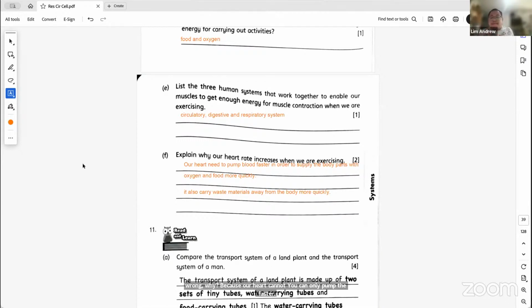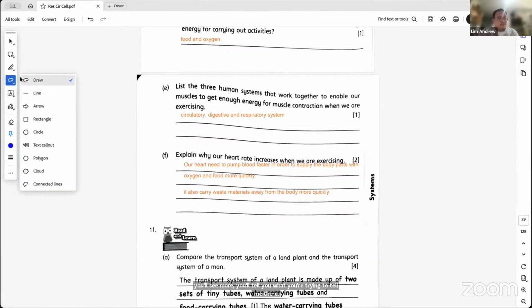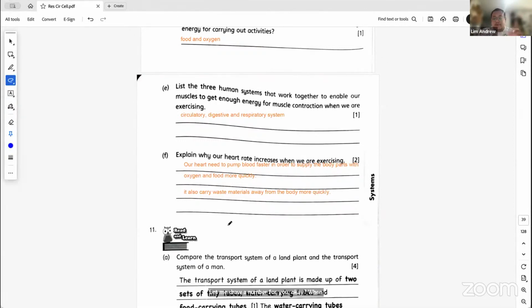When you say "more", basically you are trying to tell me that... let me draw an example for you. When a student says our heart pumps more oxygen to the body, this means you will see the blood vessel like this. At any point of time you will see a lump in your body across all your body parts.